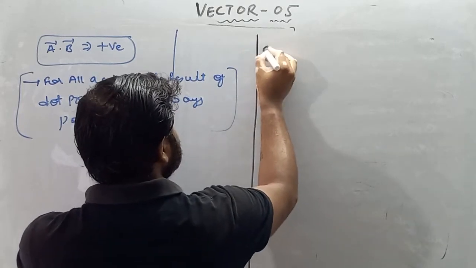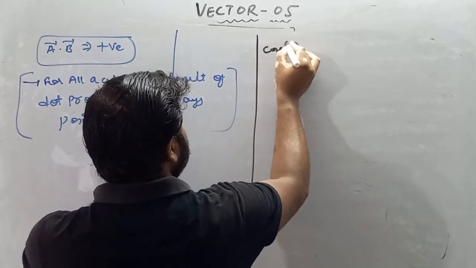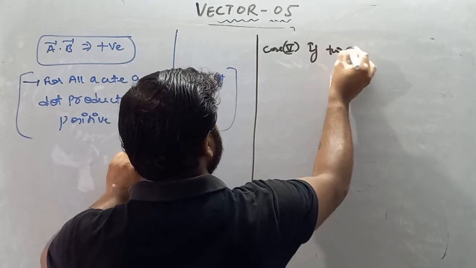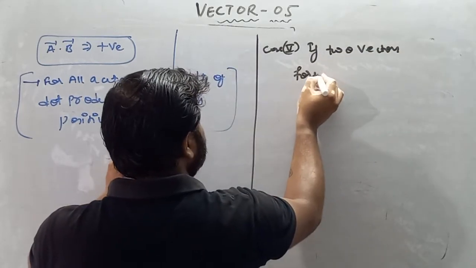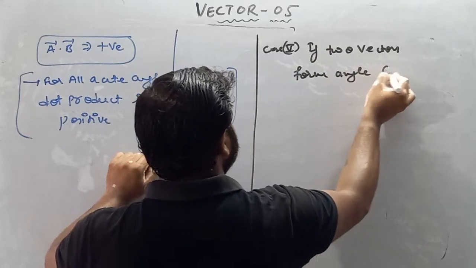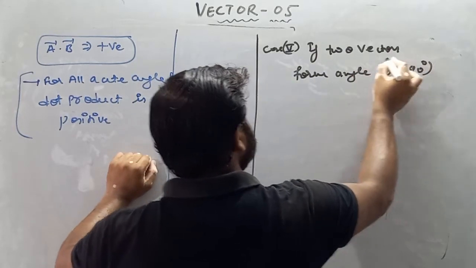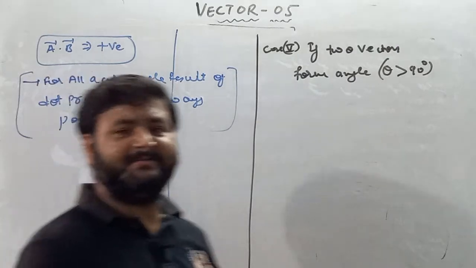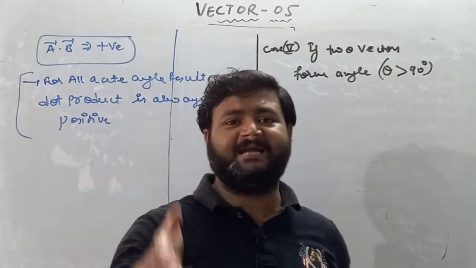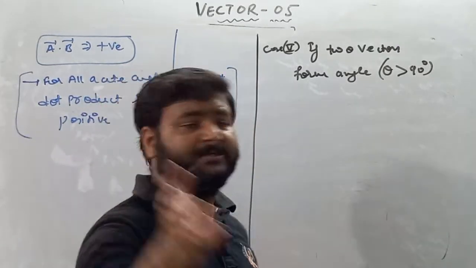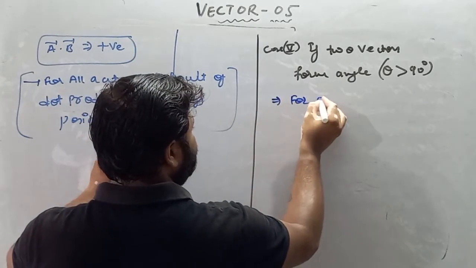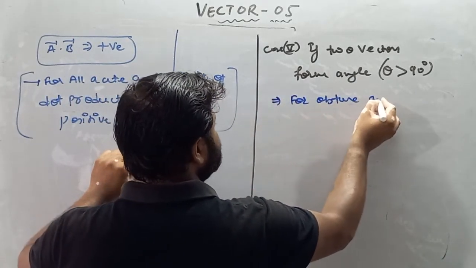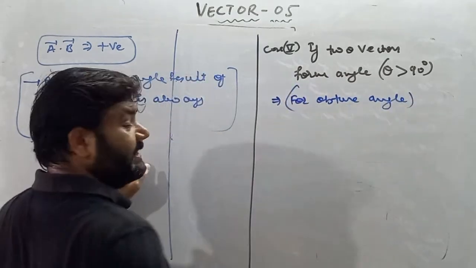Next case is case 5. If two vectors form angle greater than 90, my dear student, greater than 90 means second quadrant, and we know that for second quadrant we say obtuse angle. So we are talking about obtuse angle.